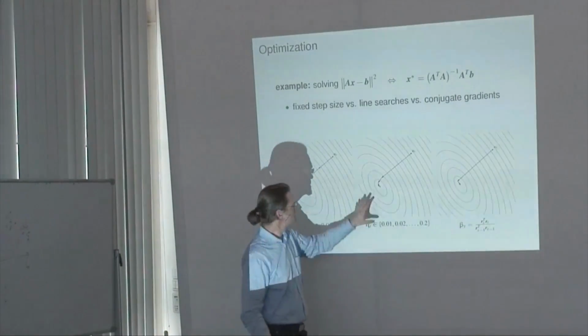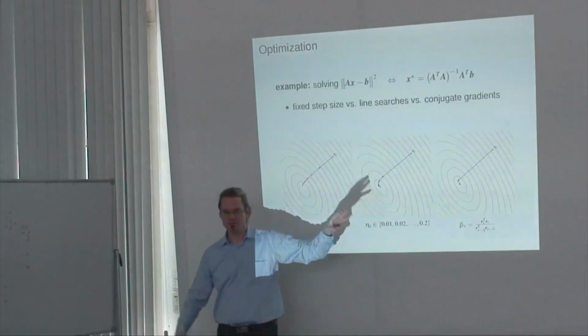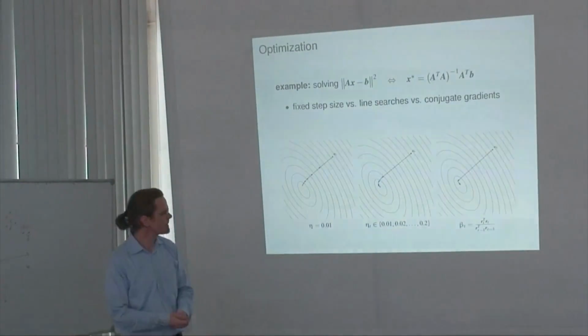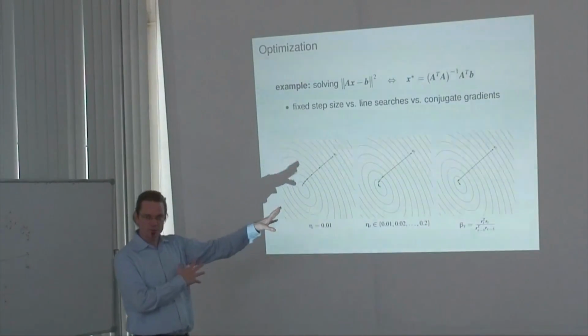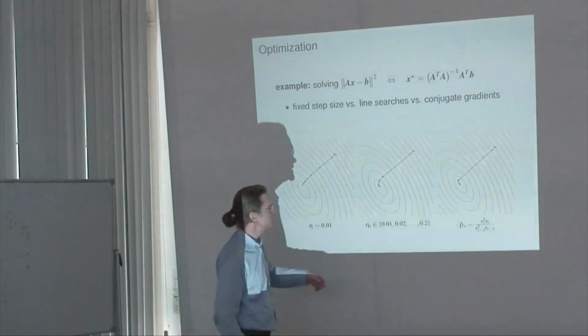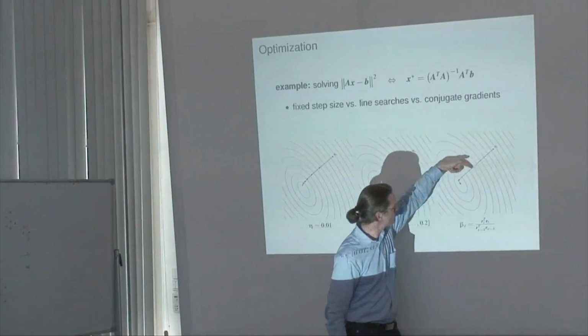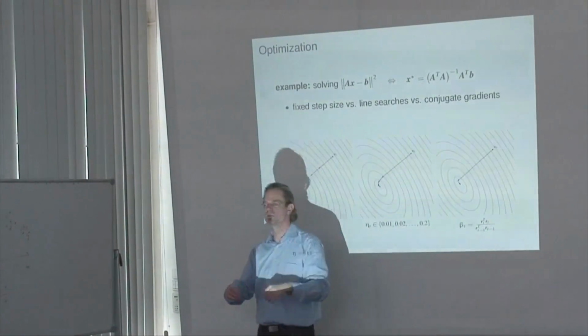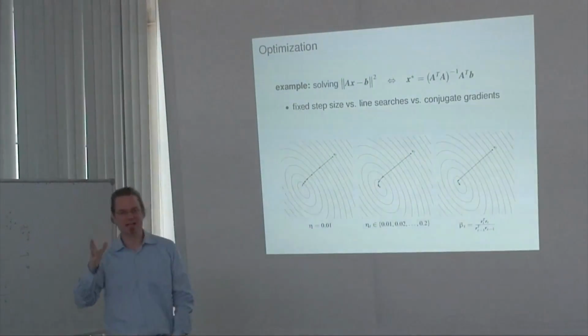Here we see this. These are now convex functions, simple square functions, defined over R2. And here the conjugate gradient took 1, 2 steps, and it found the minimum exactly.